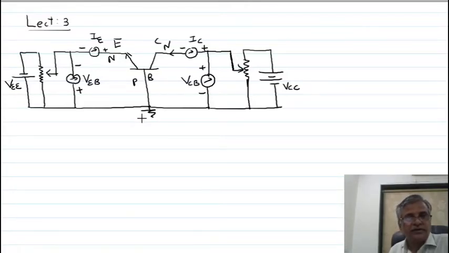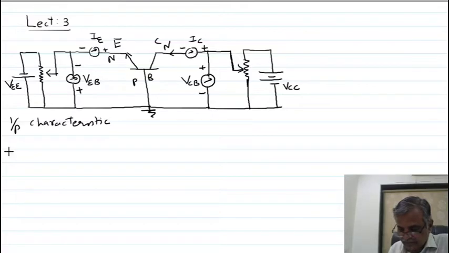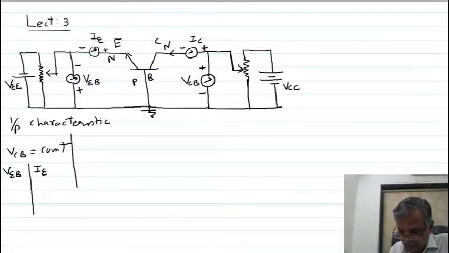We have done the input characteristics. Just for continuation, I am telling you, for input characteristics fix the collector base voltage; this is constant. Vary the emitter base voltage in suitable steps and note down the corresponding value of the emitter current.